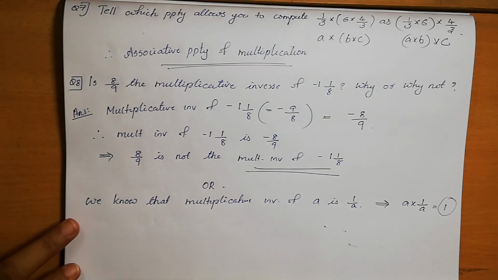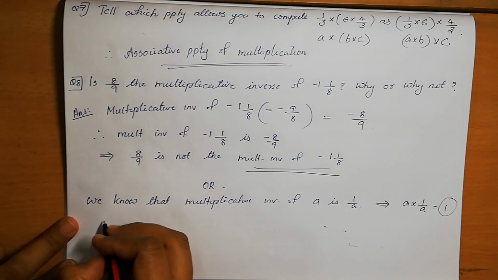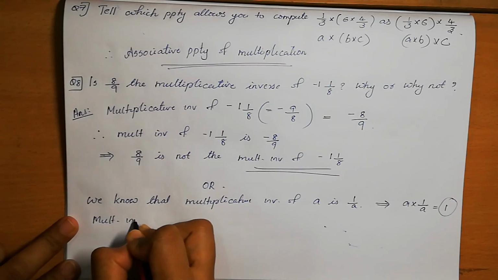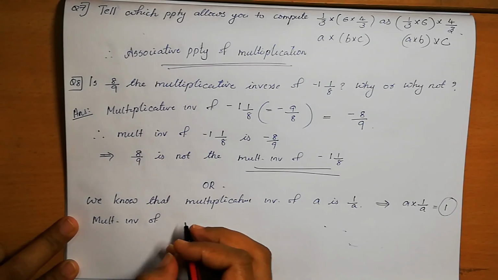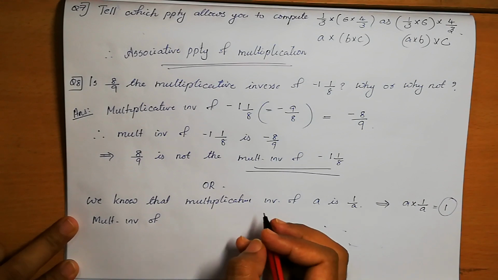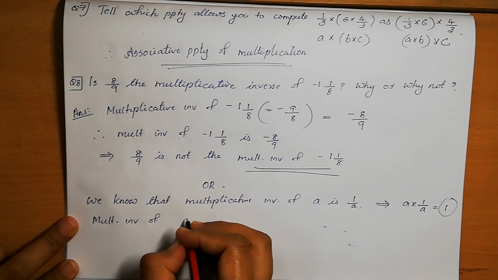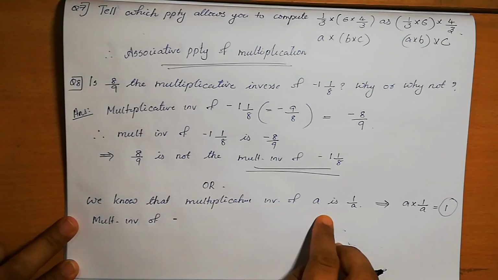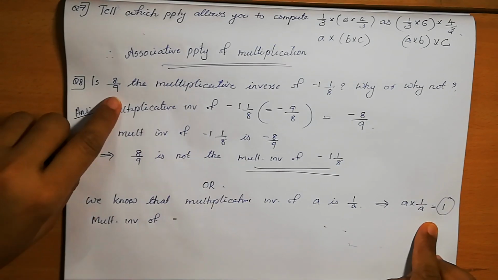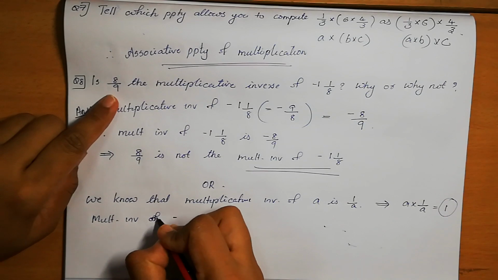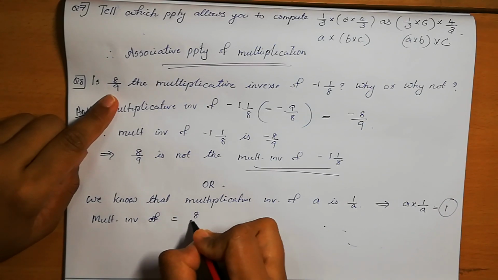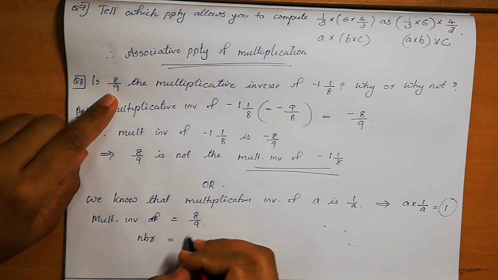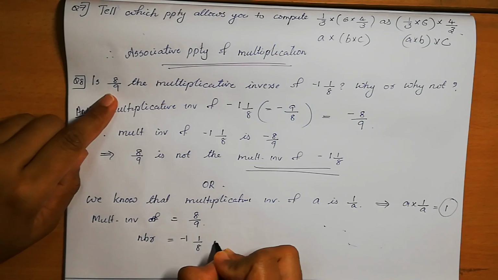Here we can verify. They are given the multiplicative inverse as 8 by 9 and the number as minus 1 1 by 8.